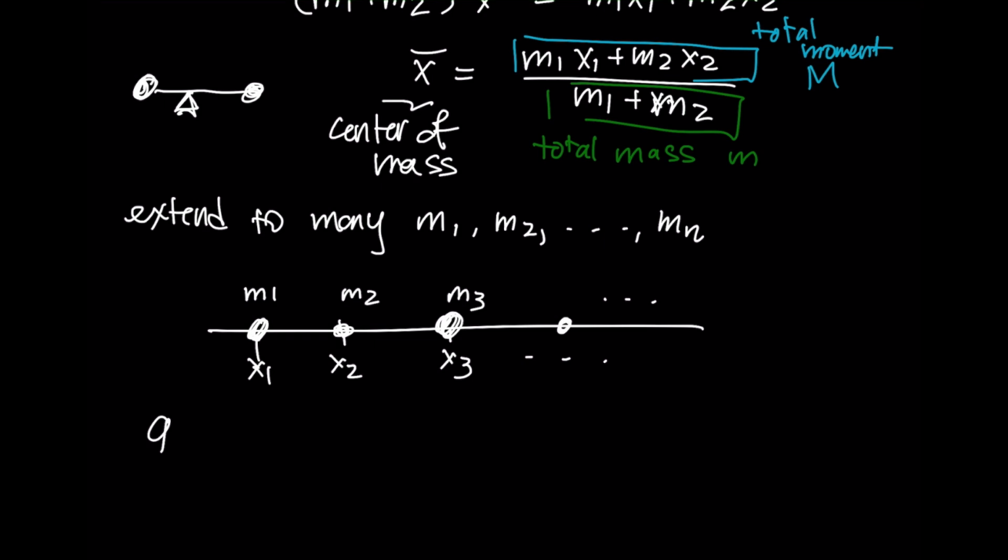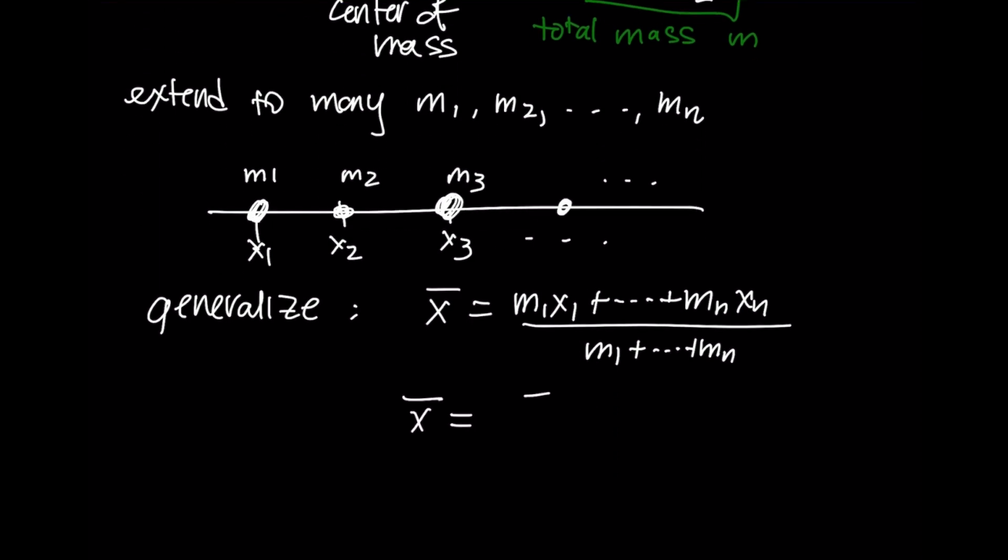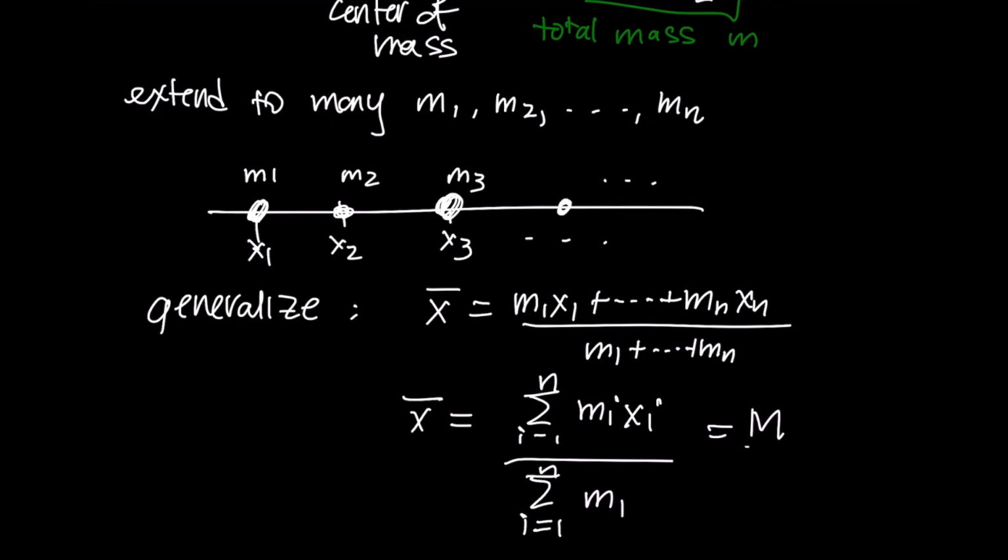We end up going through exactly the same calculation, and what you will find is that all of the moments added up upstairs in this expression are divided by all of the masses being summed up. Another more compact way to write this is the sum from i equals 1 to n of all of these individual moments divided by the sum from i equals 1 to n of all of the individual masses. Once again, total moment over total mass.